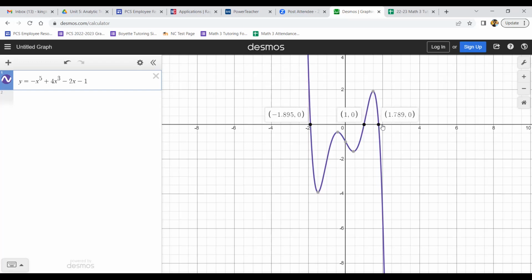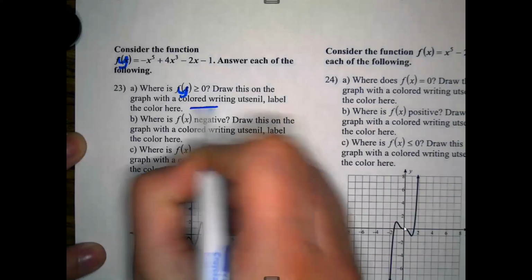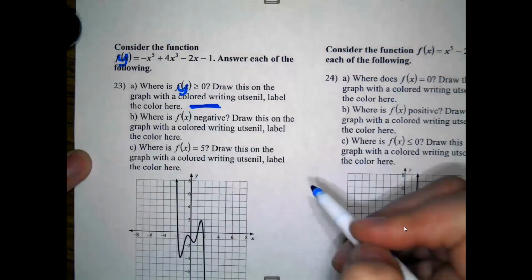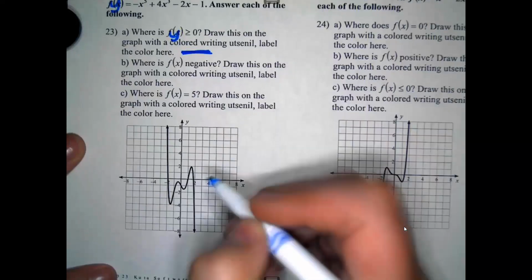And then if I'm looking for y values that are bigger than 0, then those are going to happen above the x-axis. I can see other y values that are bigger than 0 over here as well. Those are above the x-axis. Everyone see that? So I'm going to go back to my paper, and that color that I was just writing in, I'm going to use that color on the paper.